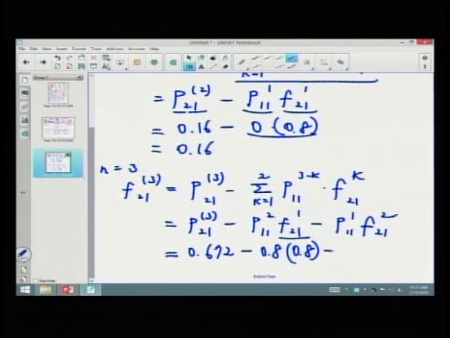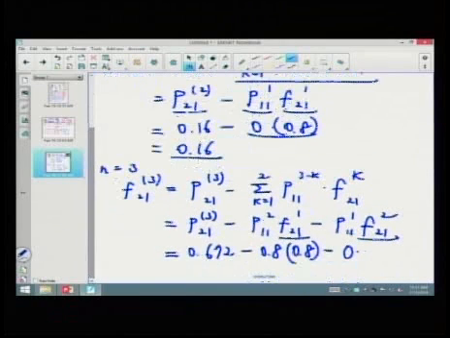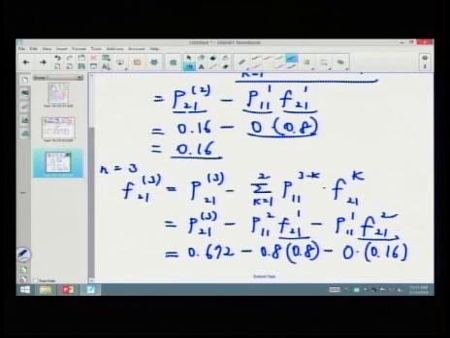And then, what is this? Again, this is going to be 0. And then, what is this? It's from up here, right? Which is 0.16. So we have 0.16. And from my previous computation, this is 0.032. Okay?